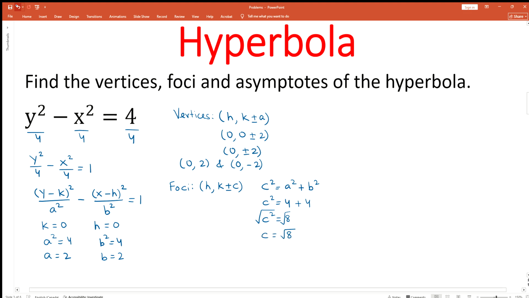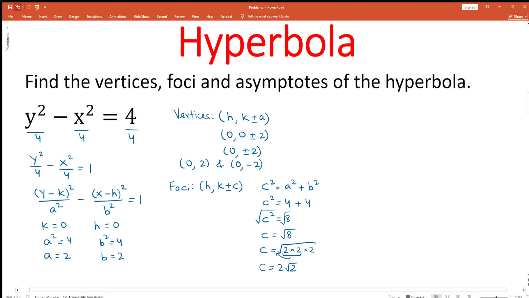We can simplify square root 8 by breaking up 8 into its prime factors. 8 is equal to 2 times 2 times 2. We can move out 2 2's as a single 2 in front of the square root. I get c equals 2 square root 2. The value of c is always positive. We can use this value of c.